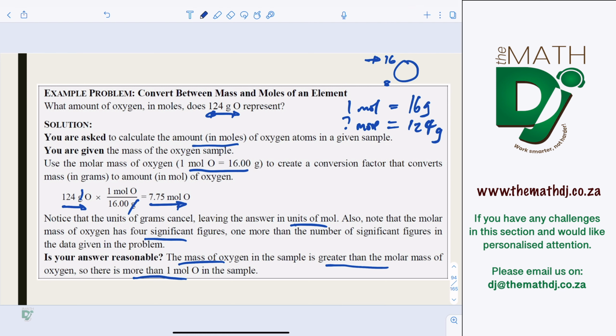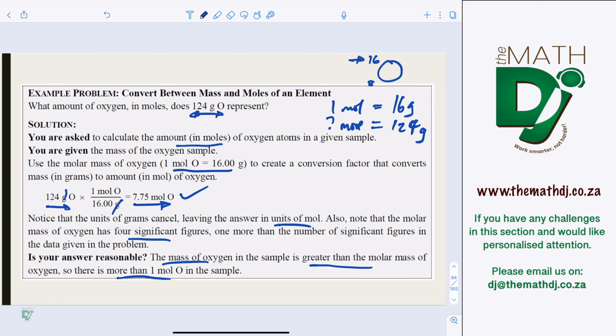It makes sense because our answer has got more than 1 mole. In other words, the greater the mass, the more moles you have, which is the same as saying the more moles you have, the more mass you have. So basically, this is how you convert.